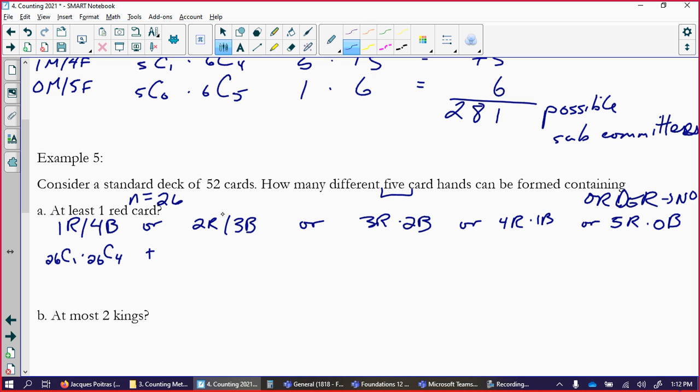Next, 2 red, 3 black is 26C2 times 26C3. 3 red is 26C3, and 4 red is 26C4.